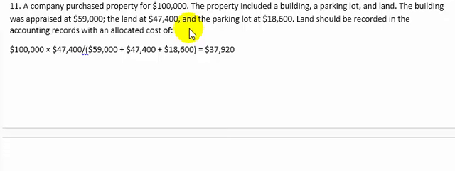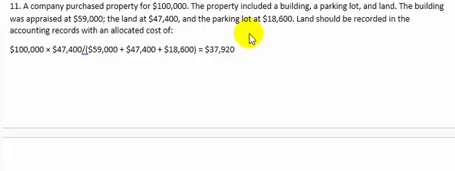Well, you spent $100,000, and you can see that the appraisal price is higher. 59 plus 47.4 plus 18.6 is more than $100,000. So you bought this at what's called a bargain purchase.